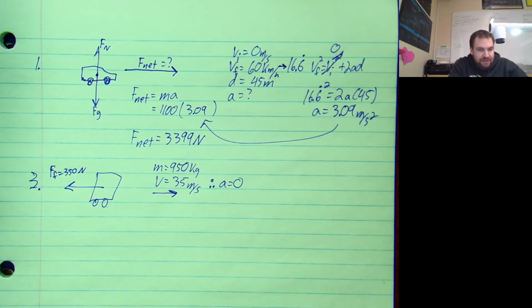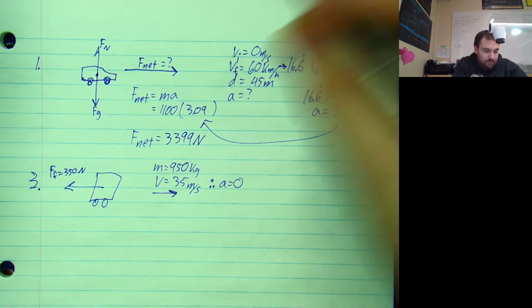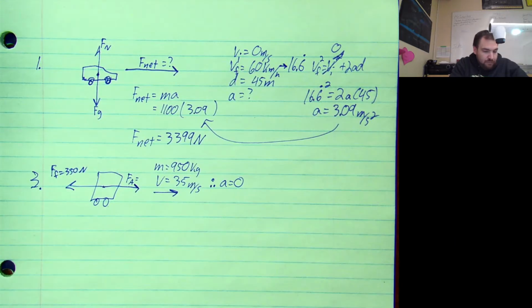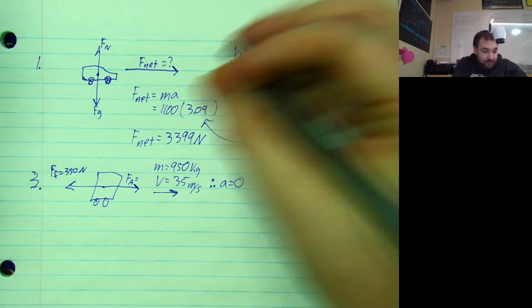Question says, what is the applied force provided by the engine? So the applied force must be in which direction? So what's the applied force? Therefore, that's mathematical shorthand for therefore. 350 newtons.